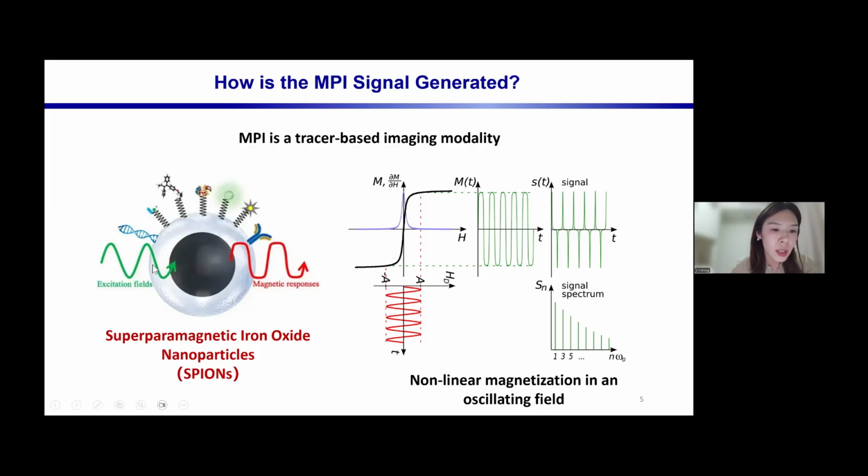But we can actually also functionalize the surface of the SPIONs, basically by dressing them up with specific coatings like antibodies or peptides or some other molecules, so that we can make them target specific molecules or tumor cells within our body. And that's what I will show you with some examples in a bit.